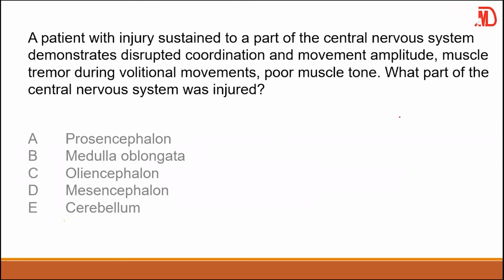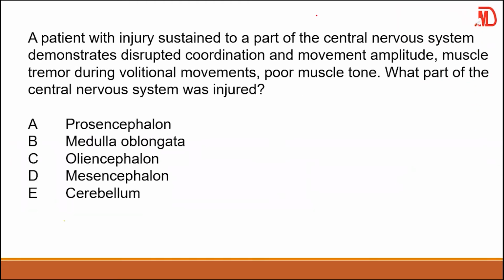A patient with injury sustained to a part of the central nervous system demonstrates disrupted coordination and movement amplitude, muscle tremor during volitional movement, and poor muscle tone.